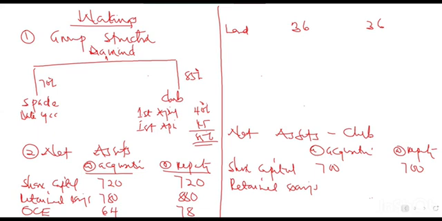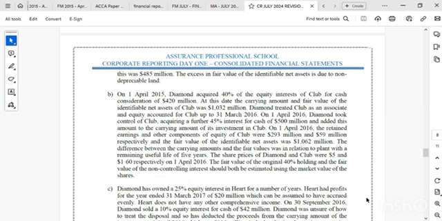So let's look at what their NCI is at the time control is achieved. Okay, they are asking us to do the NCI. Let's come to group retained earnings.